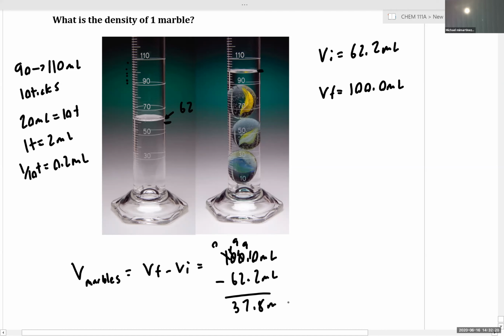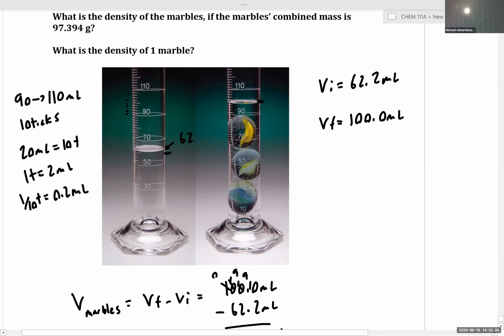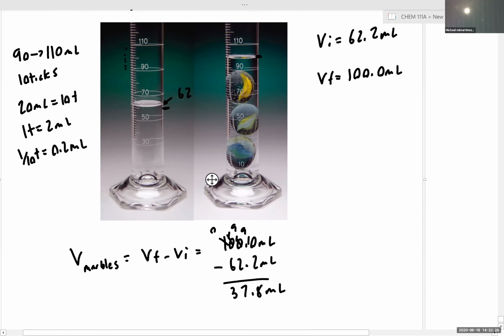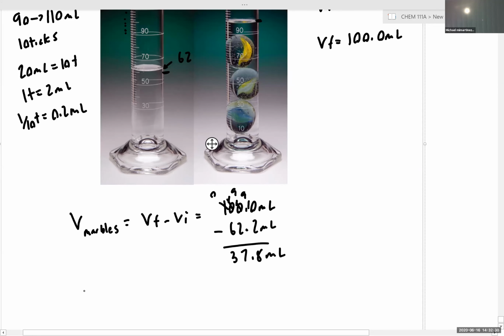That gives us 37.8 milliliters. Now let's get the mass, which is 97.394. So our density is equal to our mass over volume, which is 97.394 grams over 37.8 milliliters.